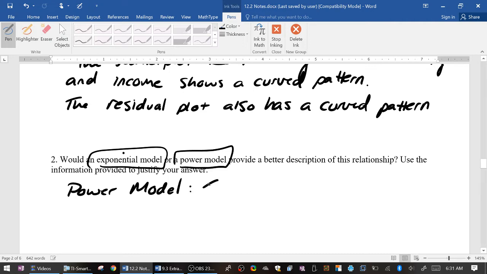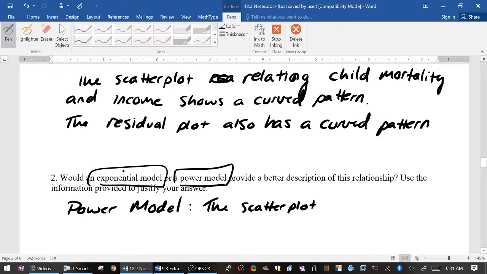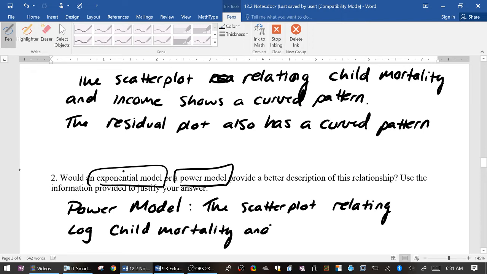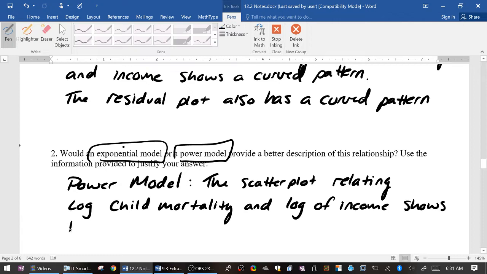And we will just write the scatter plot relating log of child mortality and log of income shows the strongest linear pattern.